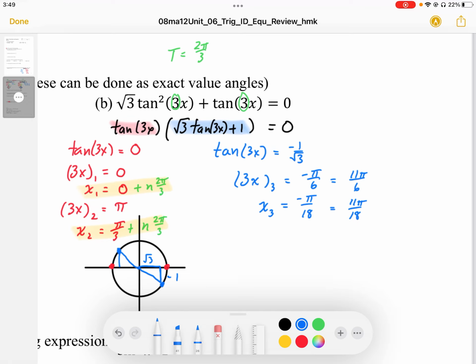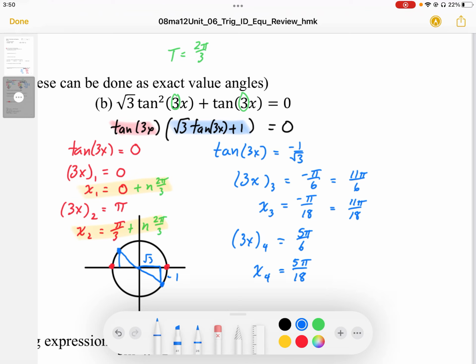Okay, now it doesn't matter which one we use as long as we are in that position when we solved it. The other solution is going to be in quadrant 2, and that's going to be 5 pi over 6. So when I solve for x, I end up with 5 pi over 18, and those are my two primary solutions.